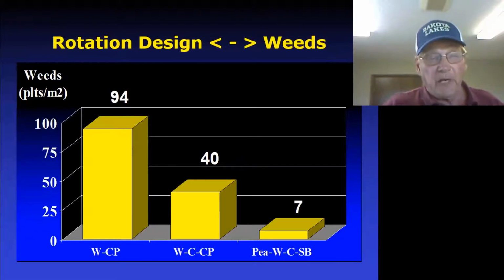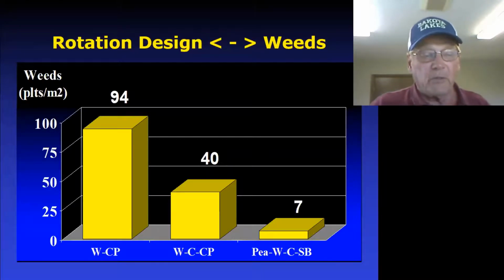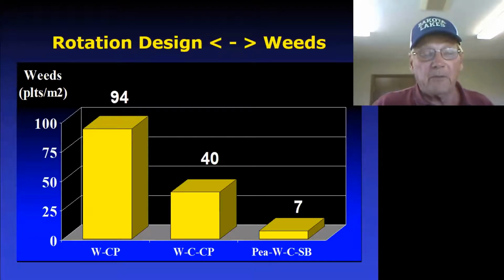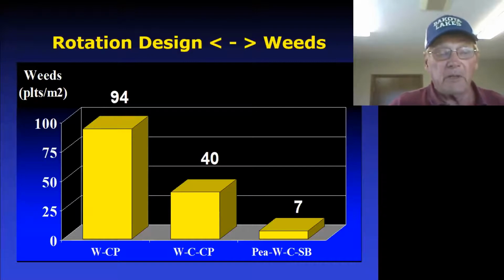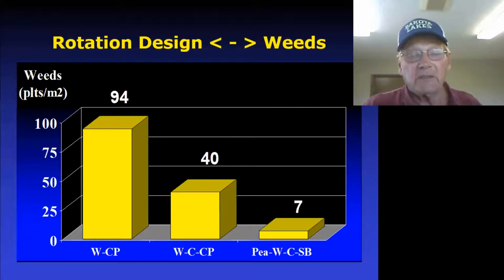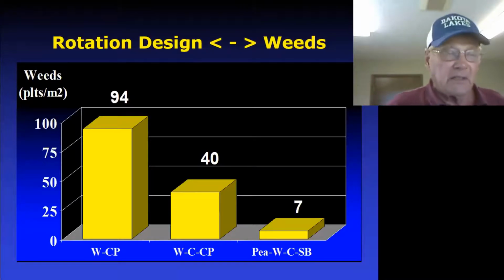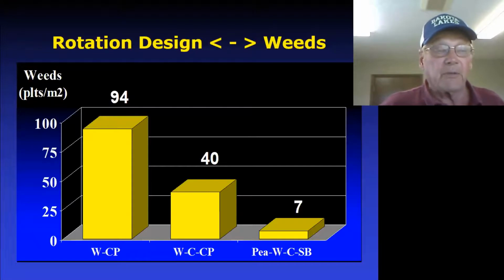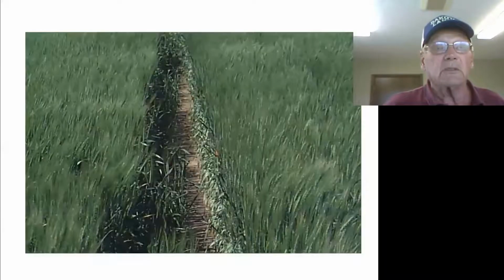If we did a 2-way rotation, which are the worst rotation, wheat, chickpea, in this case, could be corn, soybean, he had 94 weeds per square meter. We had 40 where we had a 3-way, 3 different crop types, and where we had 4 different crop types, it was 7. So that's about a 95 or 96% weed control difference just simply by changing the rotations.